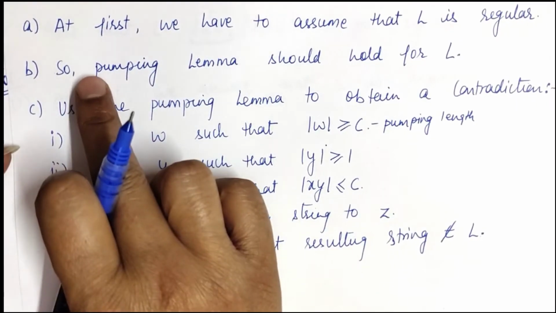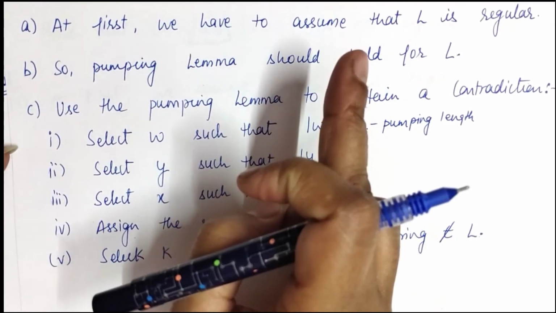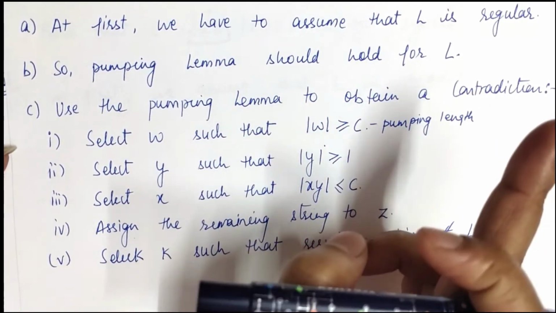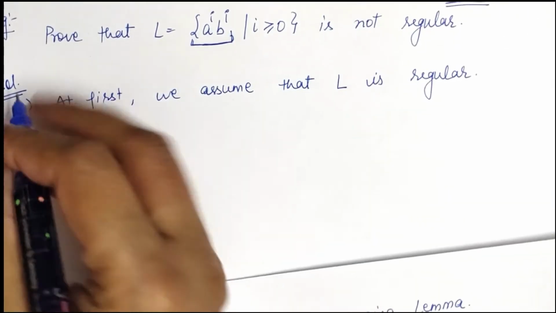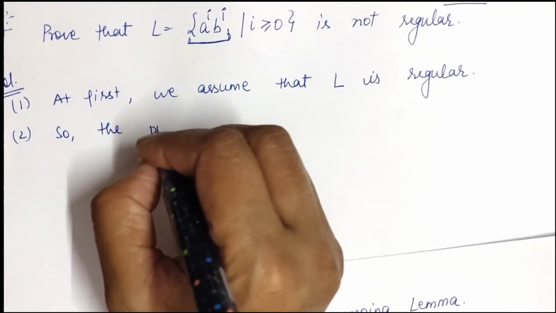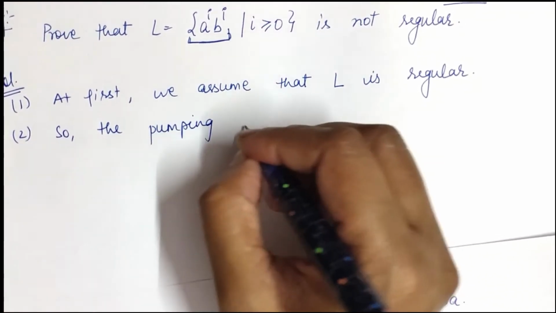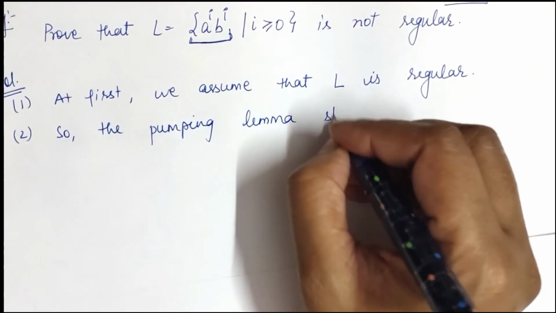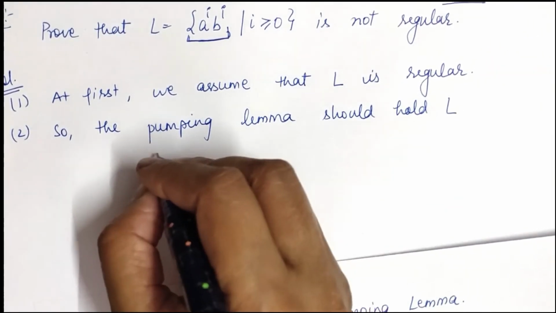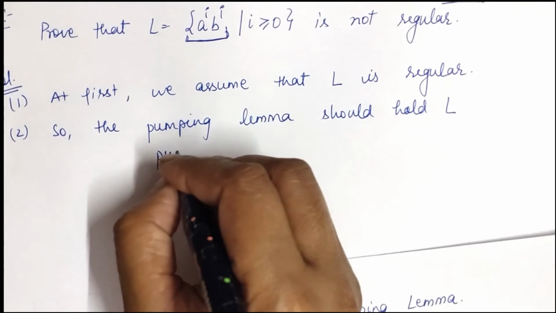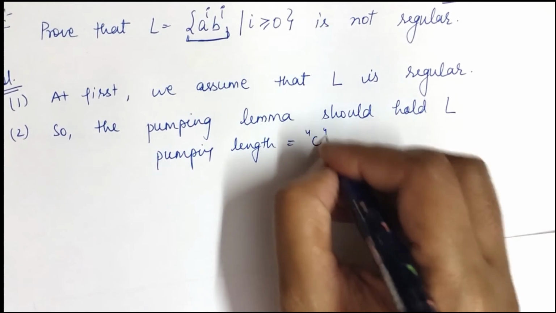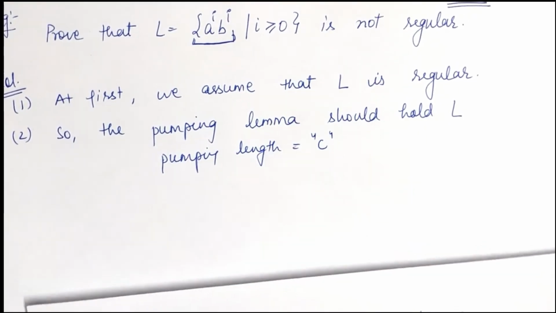Now the second step: since we are assuming that L is regular, the pumping lemma should hold for L. This means that we have a pumping length, which is denoted by C. This C is a constant, said to be the pumping length.